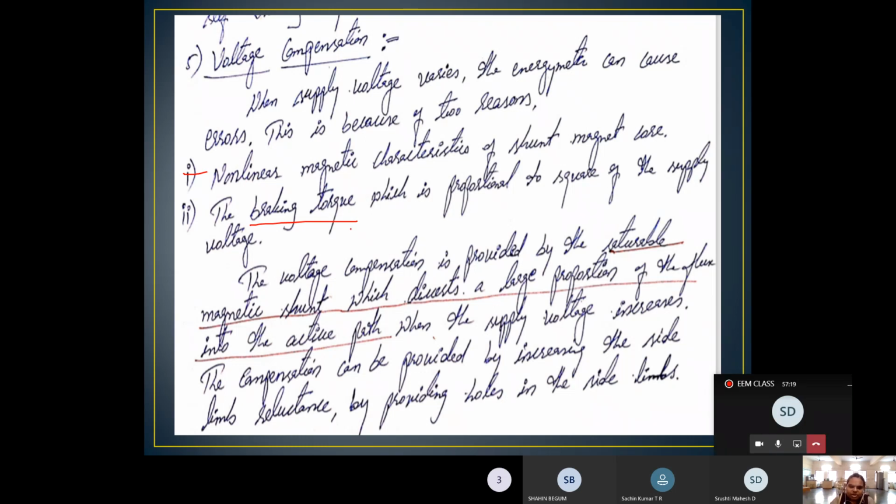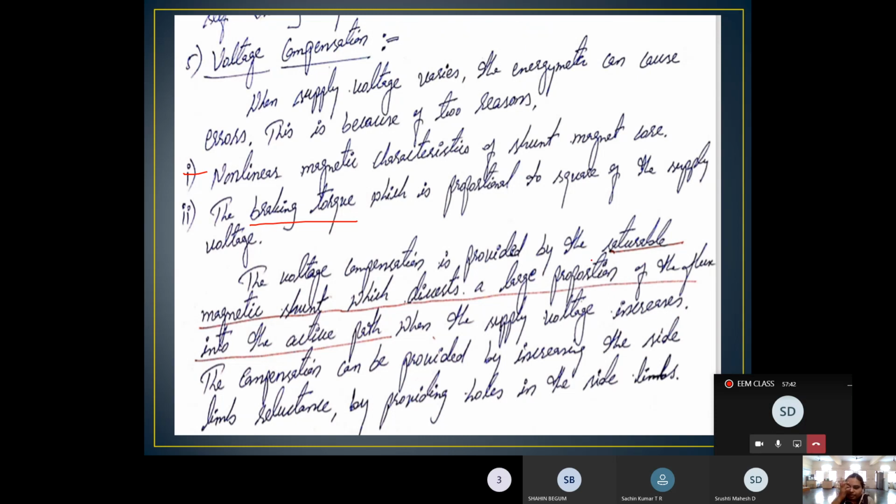So how is it going to be compensated? The voltage compensation is provided by the saturable magnetic shunt, which diverts, as we learnt previously, a large portion of the flux into the active path when the supply voltage increases.